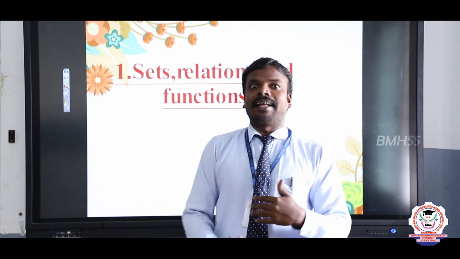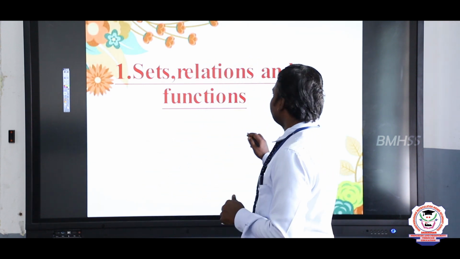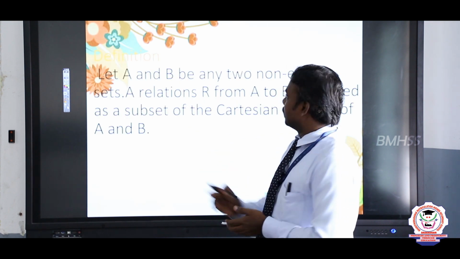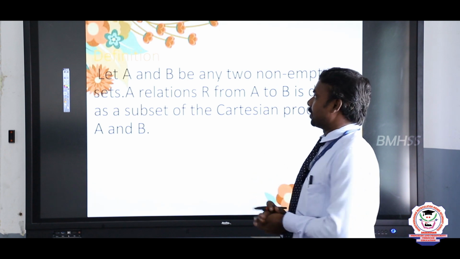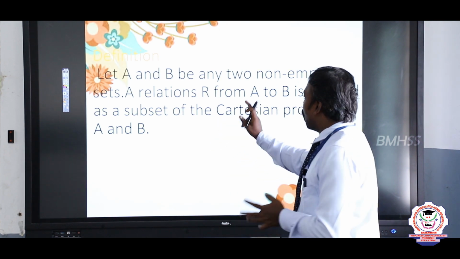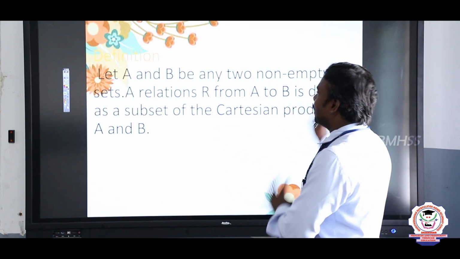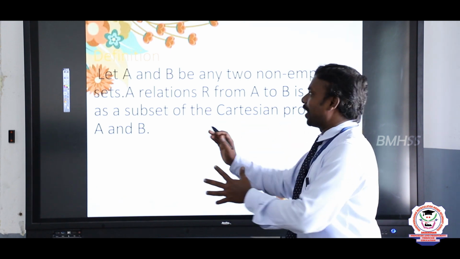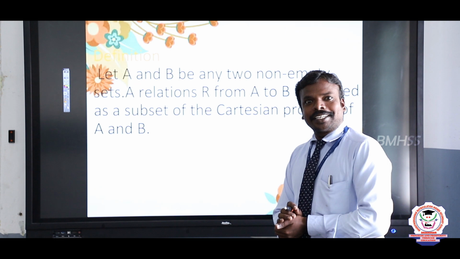Extending this idea in mathematics, let A and B be any two non-empty sets. A relation R from A to B is defined as a subset of the Cartesian product of A and B. Do you understand?